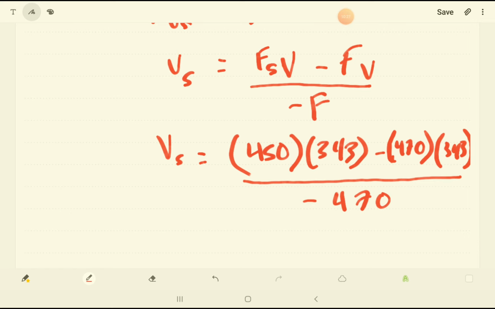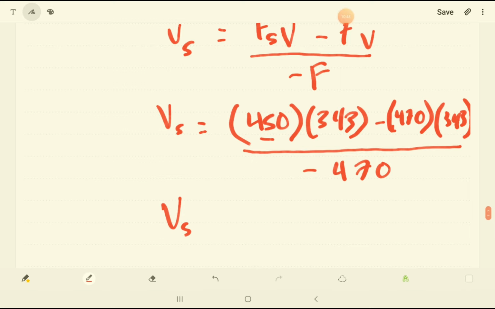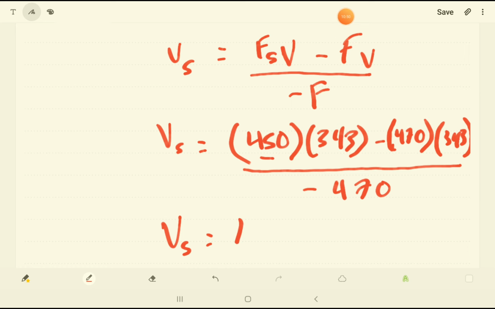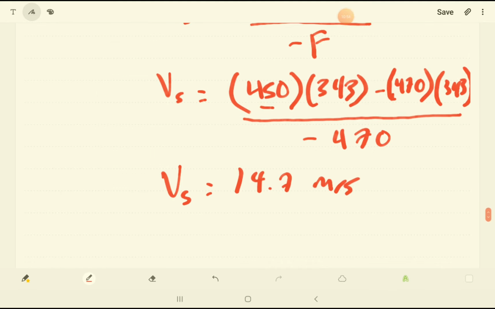Okay, so when I've subbed in everything here, I have the true frequency as 450 multiplied by the speed of sound minus the apparent frequency of 470, multiplied by 343, divided by negative 470. When you plug this into your calculator, the answer you're getting is about 14.7 meters per second, or if the question asks you to round, which in this case there is no indication, 15 meters per second.